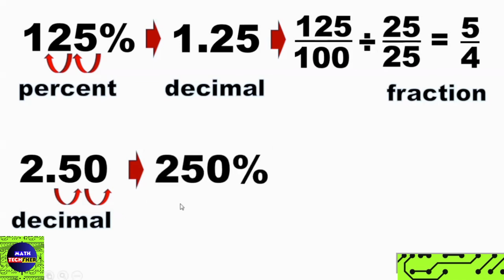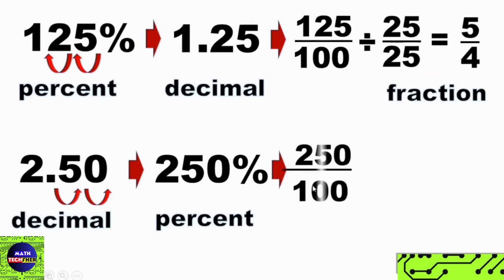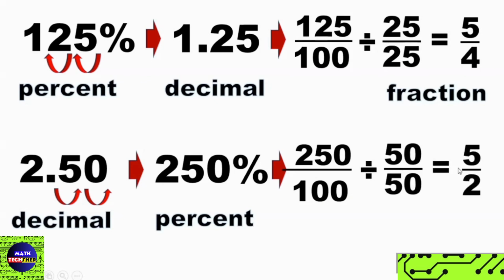So, we have 250%. And then, 250% convert to fraction by dividing by 100. So, 250 divided by 100, or we're going to have the lowest term, divide both numerator and denominator by 50. Therefore, 250 divided by 50 is 5. 100 divided by 50 is 2. So, we have 5/2 for the fraction.